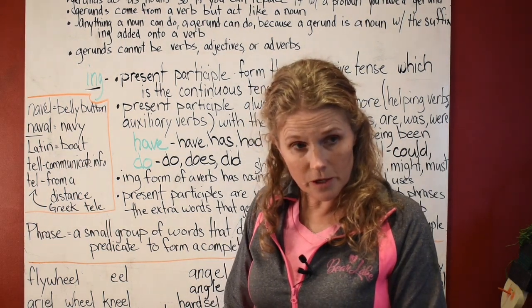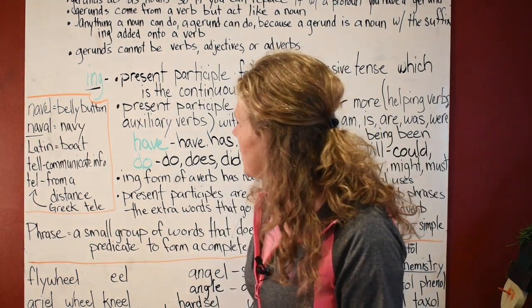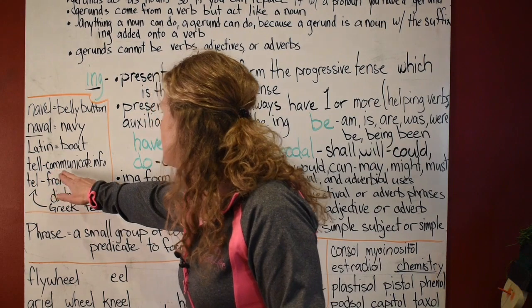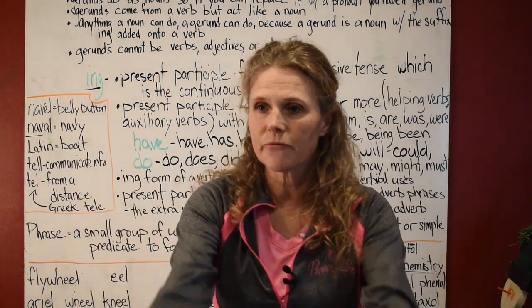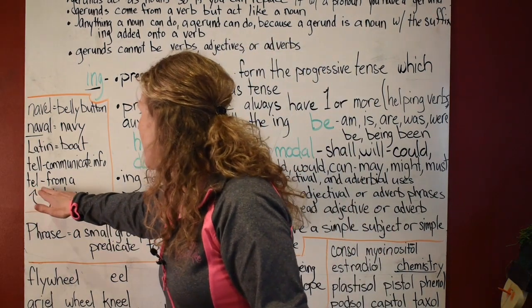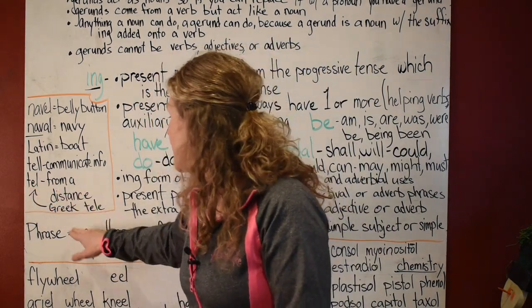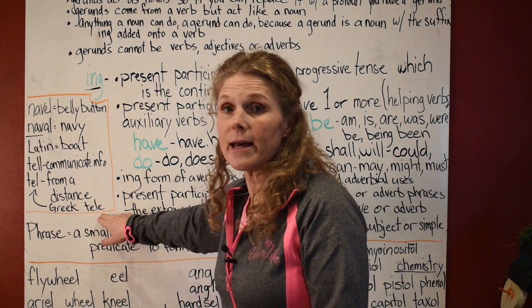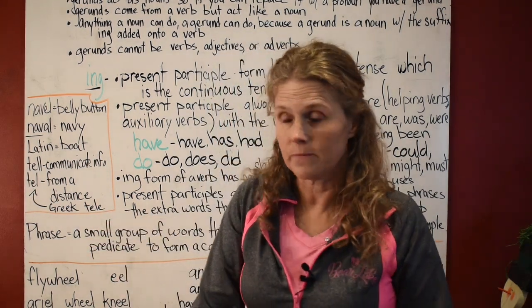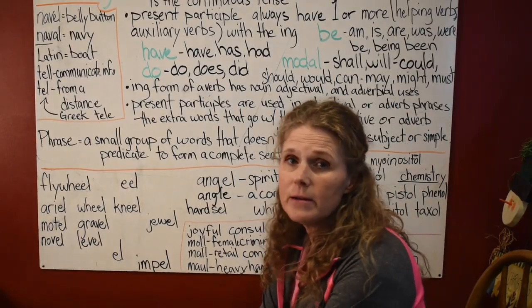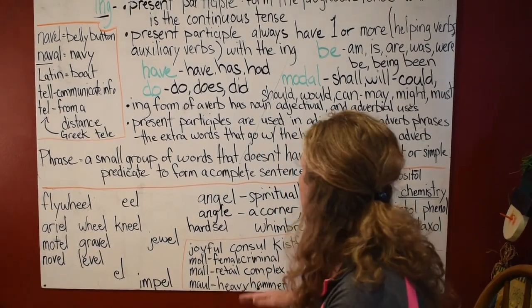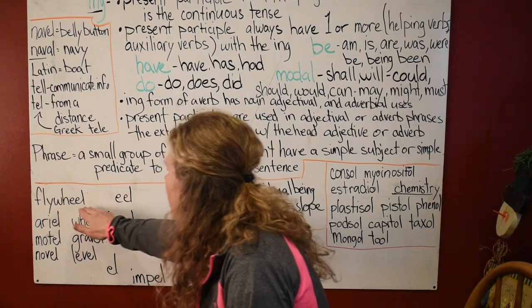Is that super helpful? So now we have tell. This means communicate information. I'm telling you this information. And we have tele. This means from a distance, and it's Greek, like a telephone or a telegraph. Do you see that? Okay?